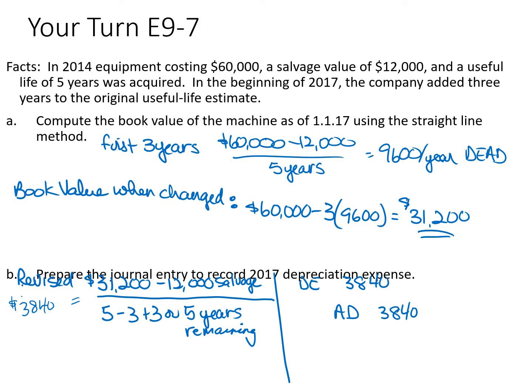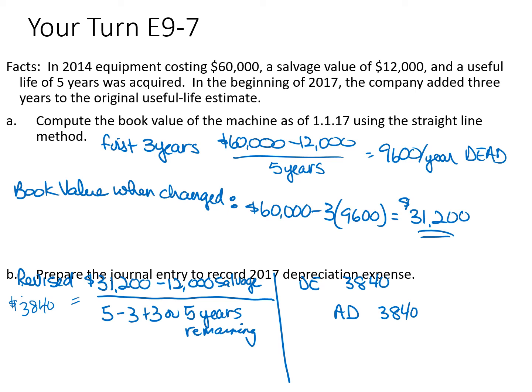So here's another one. We have equipment that costs $60,000, salvage at $12,000, and it has a useful life of 5 years. And we bought it in 2014. So in 2014, 2015, and 2016, we took the cost of 60 minus the salvage of 12 and divided it by its original useful life of 5 years, and we took $9,600 each year for those 3 years.